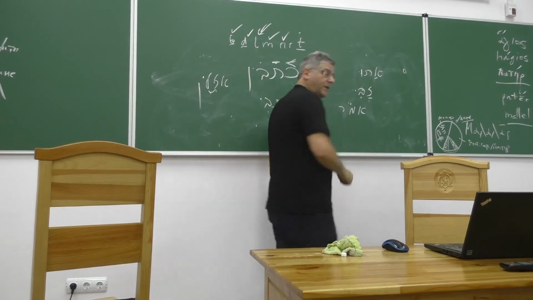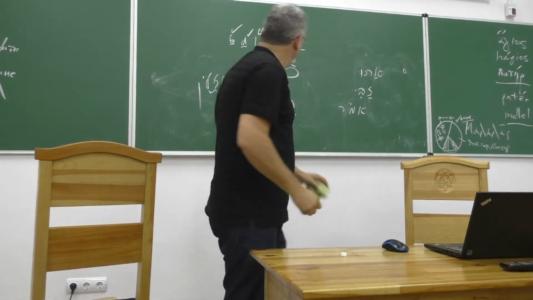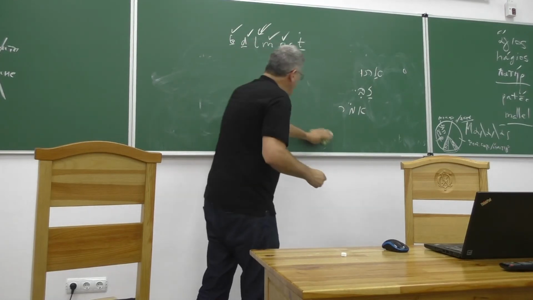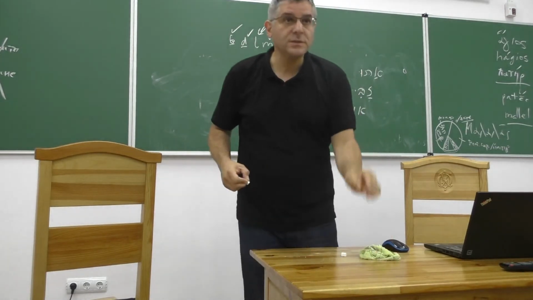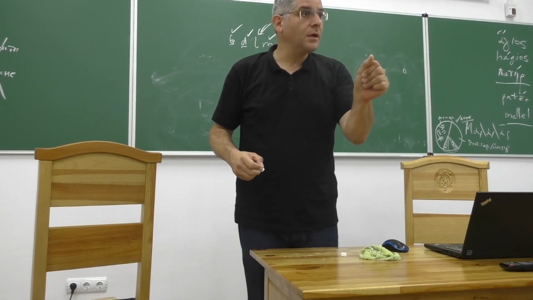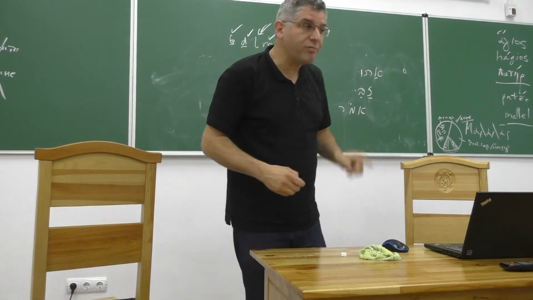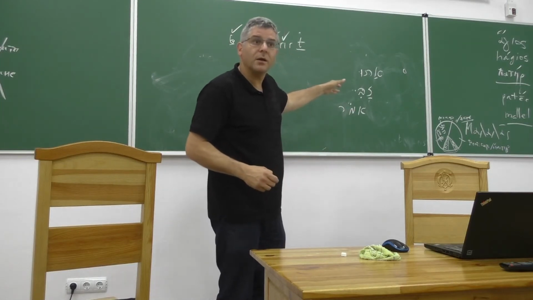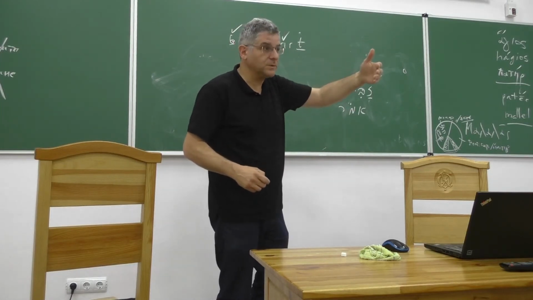And here we have an interesting distinction, again between the printed editions and the manuscripts. In the printed editions of the Talmud, the resh is lost in the root amar in the imperfect forms.